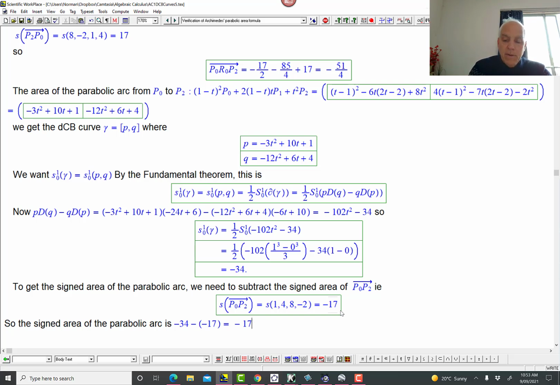And now, the question is: is this equal to 4/3 of the triangle area that we got, minus 51 over 4? Is that a true statement? Well, the 4's cancel. 51 divided by 3 is indeed 17. So it's 17, so this verifies Archimedes' parabolic area formula in this special case.